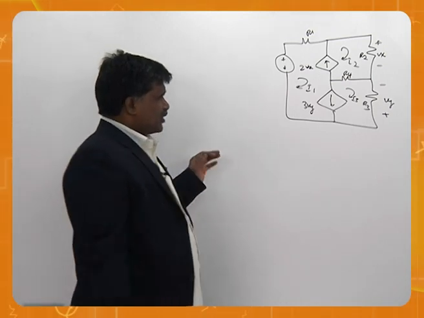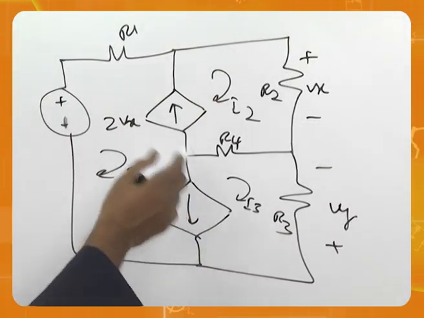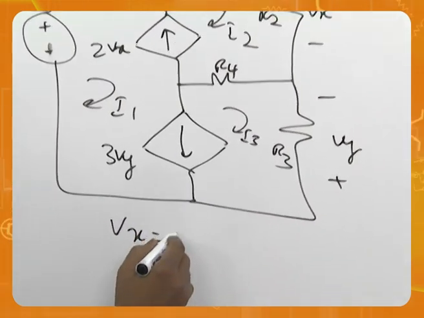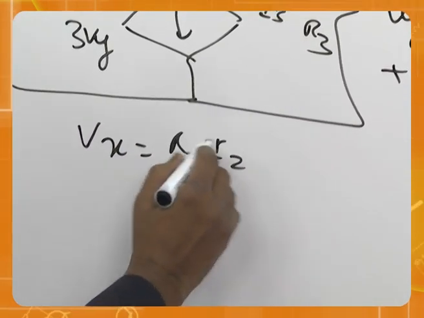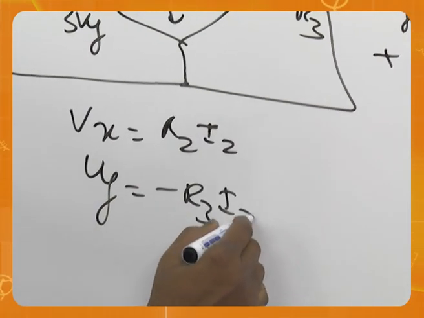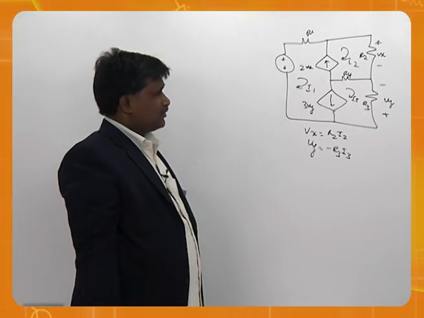Here I am not changing the dependent sources. You know why? Because you need to focus on the other parts of the analysis, not on the dependent ones. So straight away go for R2, I2, Vy minus I3. These are the straight away the equations.